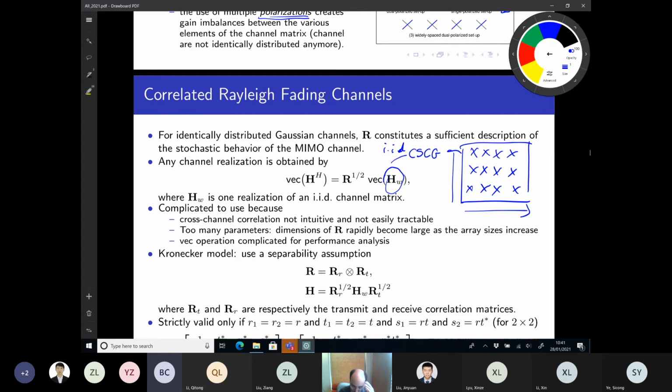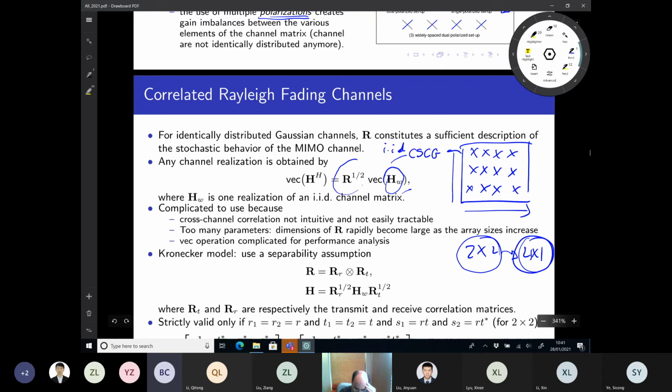So if I have a 2x2 matrix, and I want to generate correlation among those 4 entries, I vectorize it. From 2x2, I get a 4x1 vector, right? I generate an IID CSCG vector here. That's what I have here.